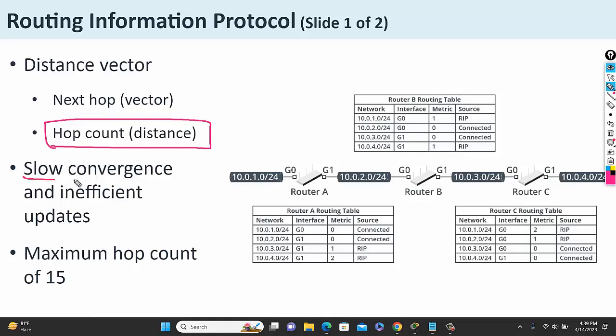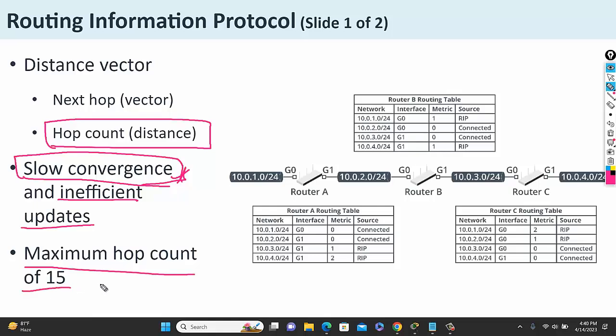RIP has slow convergence because of slightly insufficient updates. Slow convergence means that when they share their information, it takes some time. The maximum hop count is 15. If your organization has 20 routers, it will not be supported by RIP.